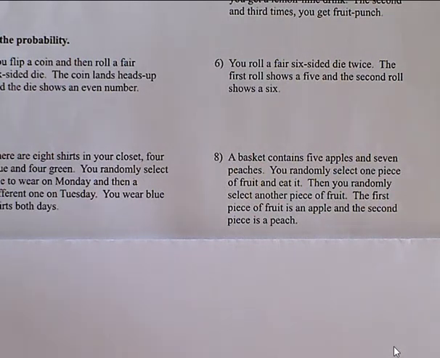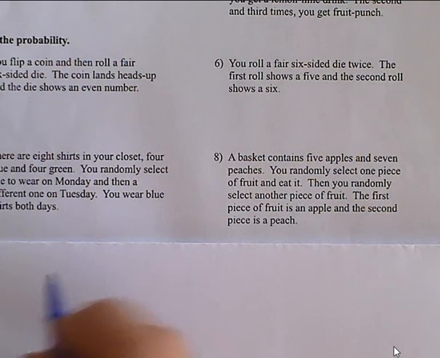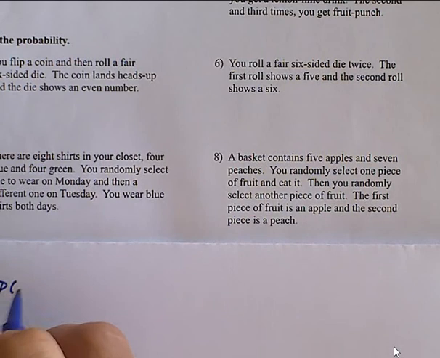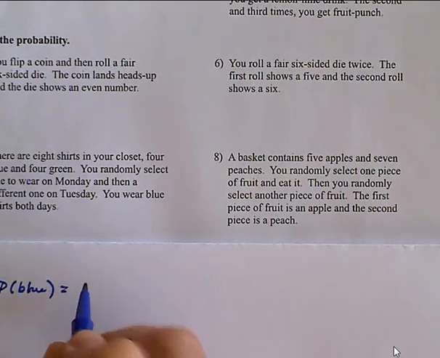Now, one of the things about these dependent events is we've got to assume that the first event happens when we calculate the second. So of 8 shirts, the probability of blue on the first day is 4 out of 8.